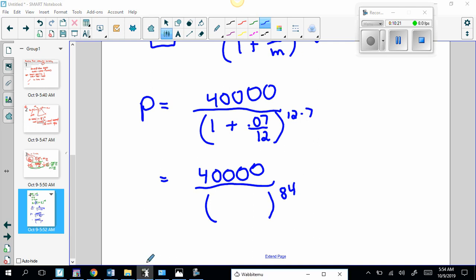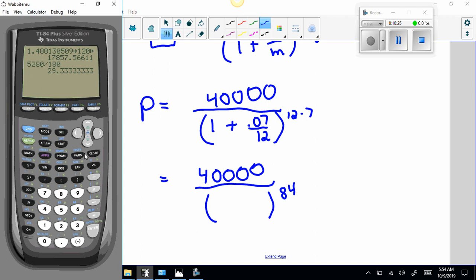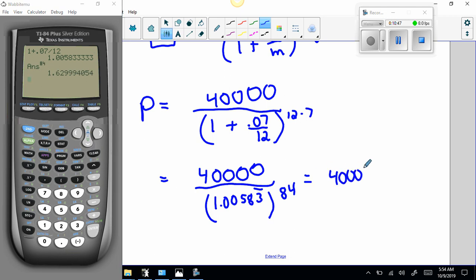84. 1 plus 0.07 divided by 12, 1.00583 repeating. Then I raise it to the 84th, 1.629994054.